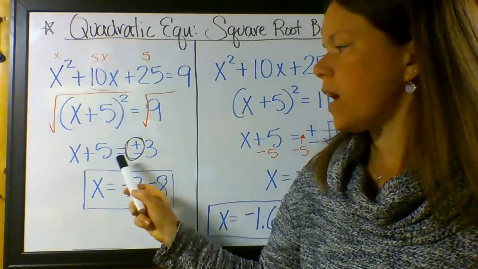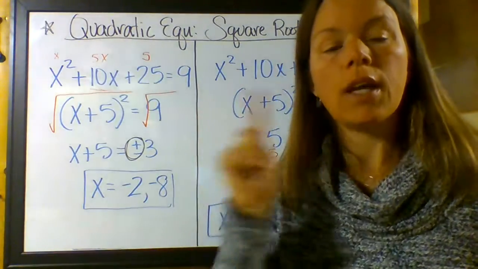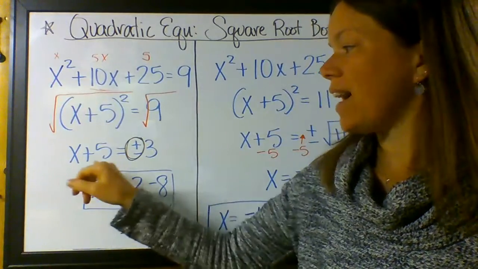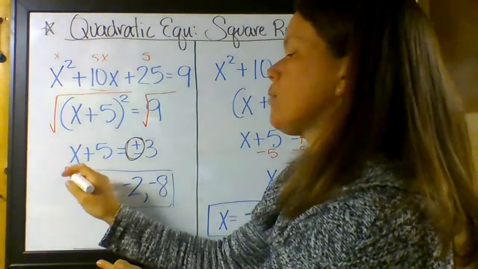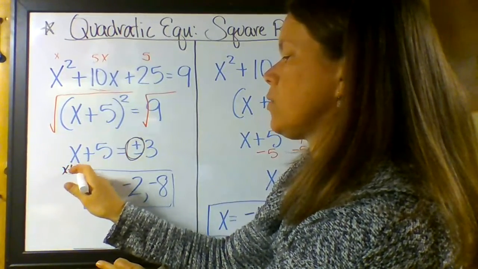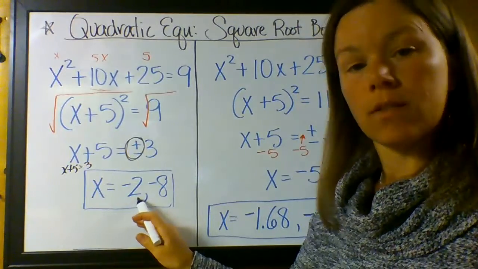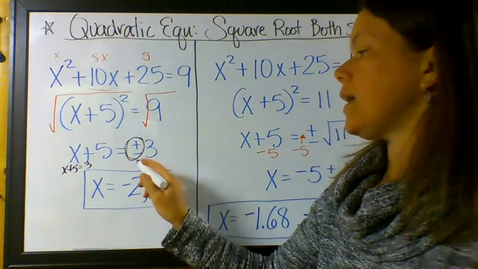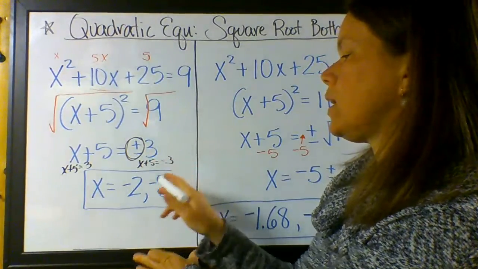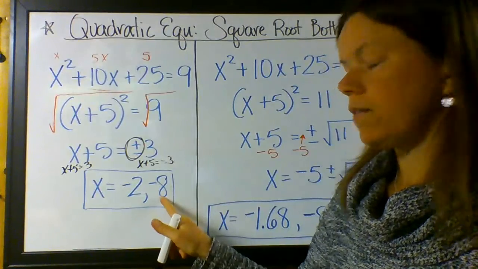So we have x plus 5 equals plus or minus 3. So x plus 5 equals positive 3, x plus 5 equals negative 3, all right? And so then I can take that, and you can write it out, and I wrote it out on my examples, but you don't need to. You can take x plus 5 equals 3, minus 5 equals x equals negative 2. And I could write out, if I want to, x plus 5 equals negative 3, minus 5 from both sides, and I get x equals negative 8.